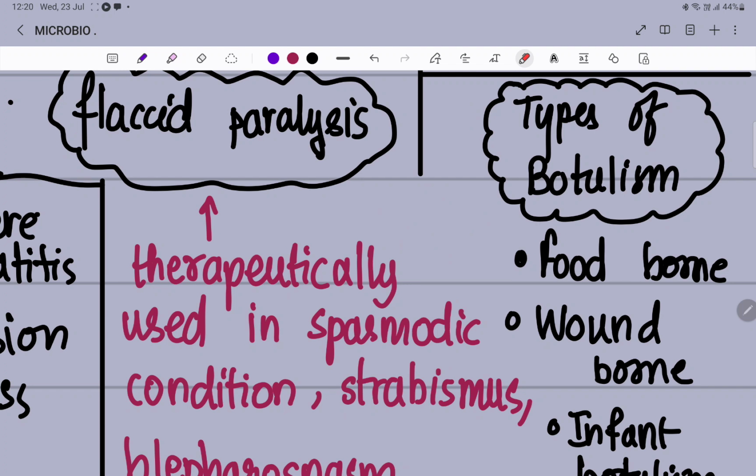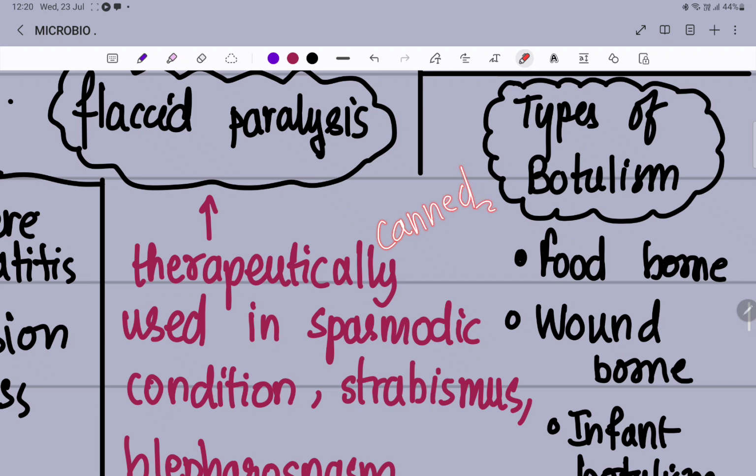So where is it found? It is found in improperly canned food, very important. Food and beverages, both of them, will very commonly contain Clostridium botulinum.